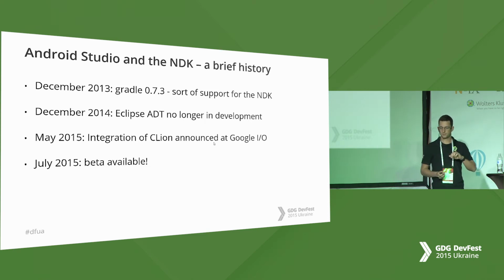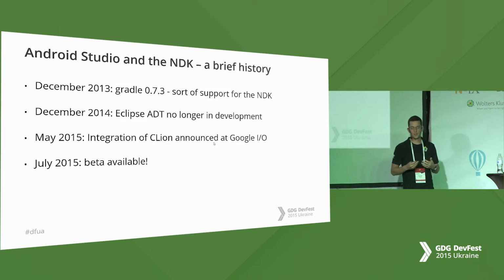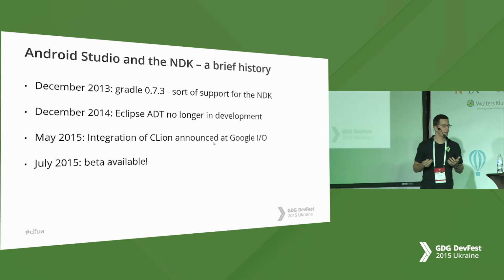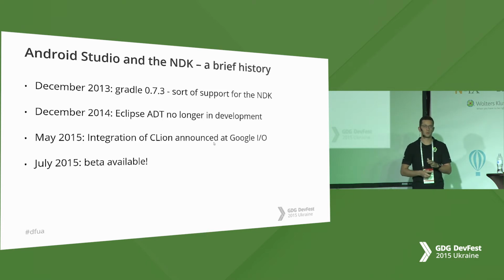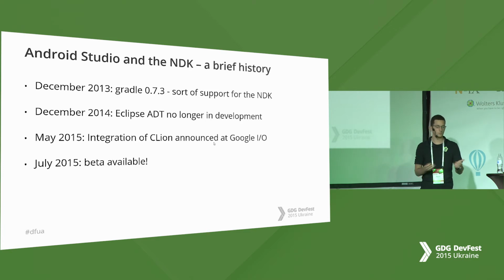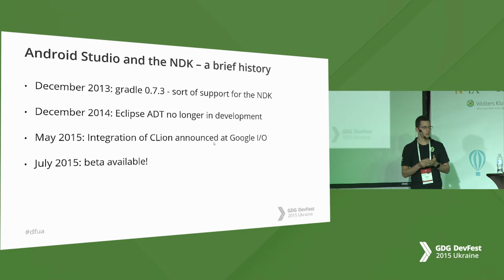Maybe I should have talked about it during the early slides, but why people are using the NDK is a good question to ask. There are many reasons. One is reusing code across platforms, because you can compile C++ to iOS, to Windows, to Android, so you can compile the exact same code.